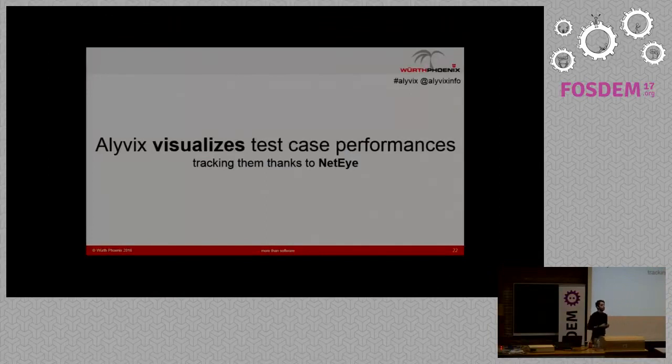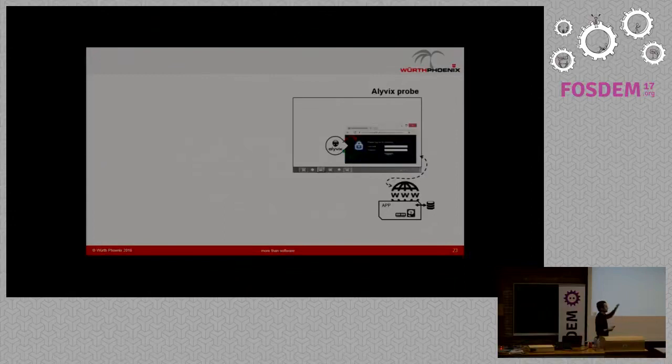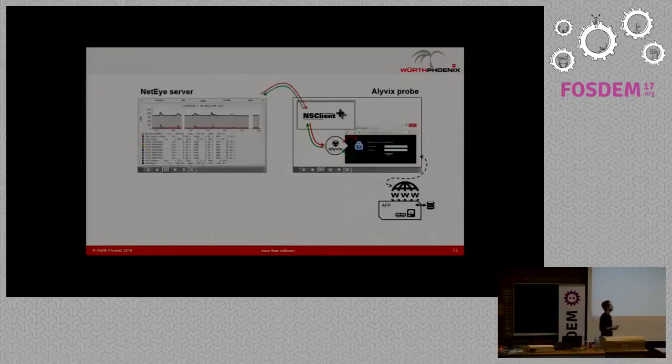Alyvix can report everything to a monitoring system. So basically, here you've got your Alyvix probe, and Alyvix test cases can be automated with a remote client like NSClient++, and it reports to your monitoring system.